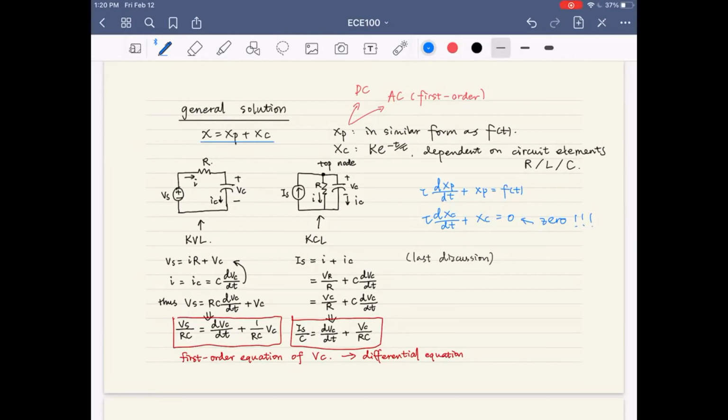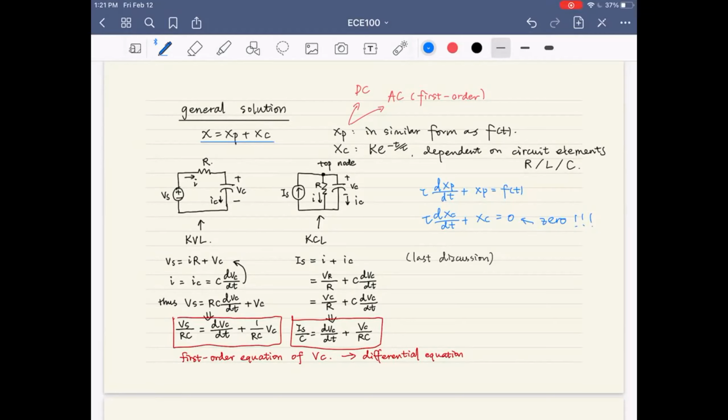The storage elements will always mimic the behavior of source. So the source is like the boss, and the capacitance and inductance will mimic their behavior. And XP, the particular solution, actually describes how they mimic the source. Okay?